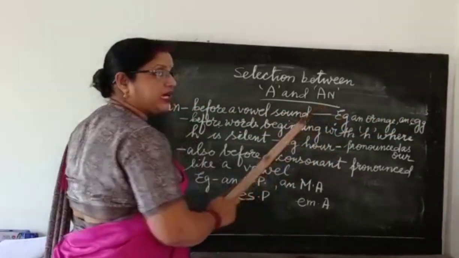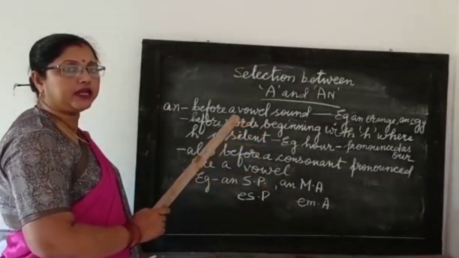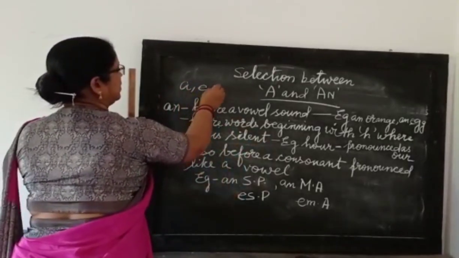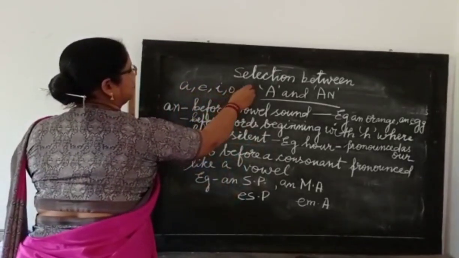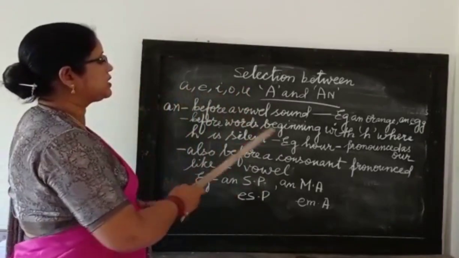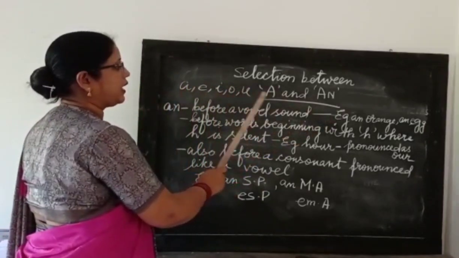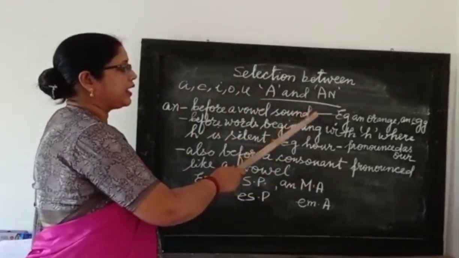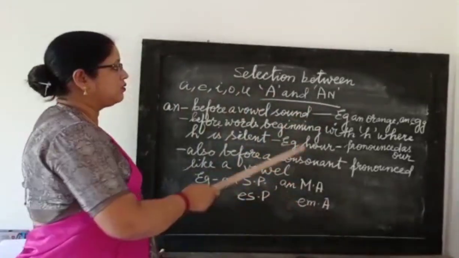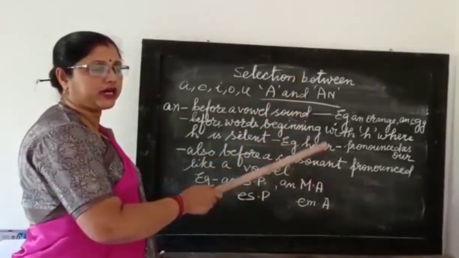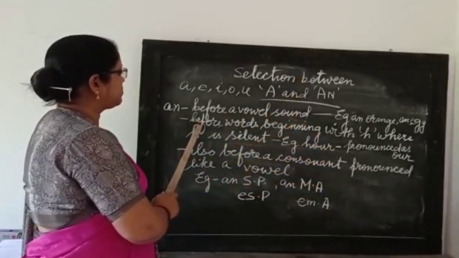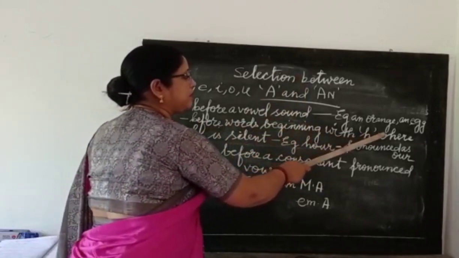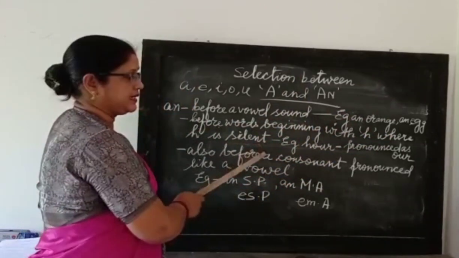So, as we all know, the vowels are A, E, I, O, U. So the words which start with vowels, an is used before the words starting with vowels. Next one, before words beginning with H but where H remains silent.